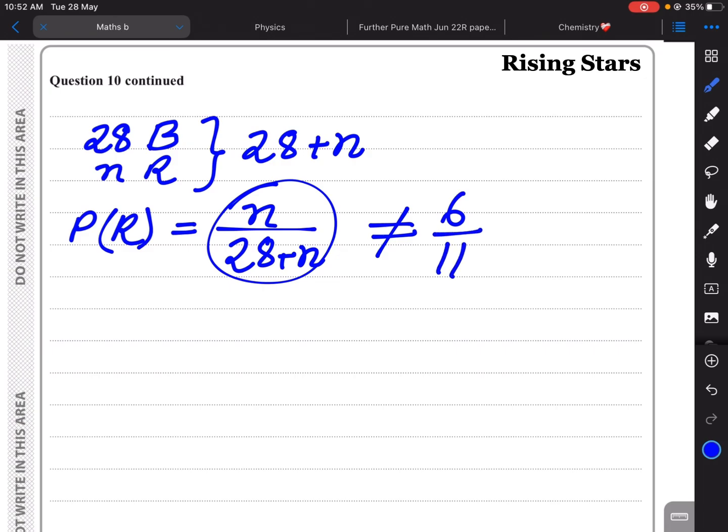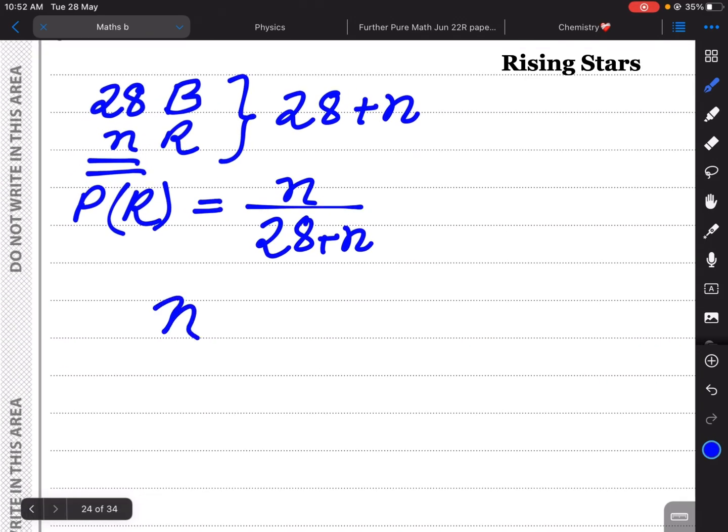So for this kind of questions, always I suggest you to do the contradiction. মানে যদি হতো 6/11 এর সময় তখন কি হতো? নিশ্চয়ই n এর ভ্যালুটা এমন কোনো ভ্যালু আসতো যেটা আসলে পসিবল না টু বি এ ভ্যালু অফ n. মনে করো n এর ভ্যালু নেগেটিভ হতে পারে না, ফ্র্যাকশন হতে পারে না, সো n মাস্ট বি a positive integer because n তো হচ্ছে number of red bits, so it cannot be negative fractions or something.